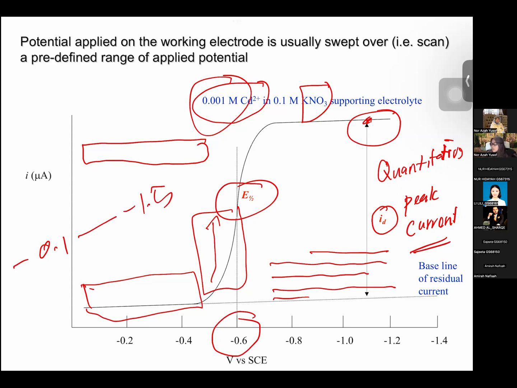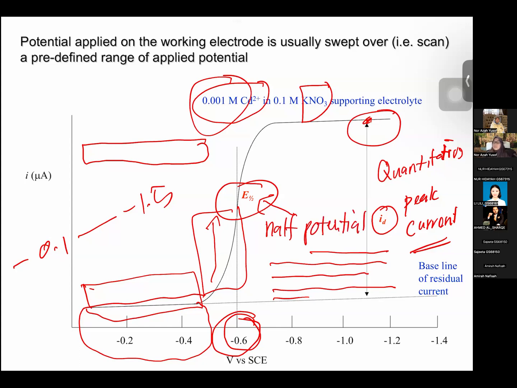You can observe from here up to minus 0.4, there is no current generated, only a slight small current, which is what we call residual current. It is not considered quantitatively. Up to 0.6, you can see a spike increase of current. This is where we can get the value of the half-wave potential, the half potential.